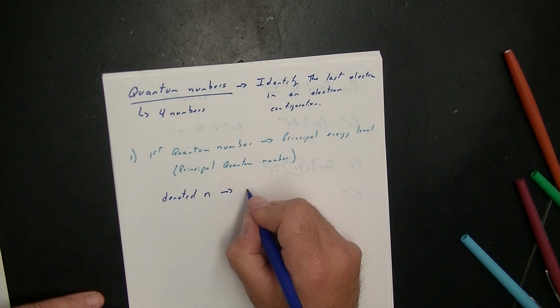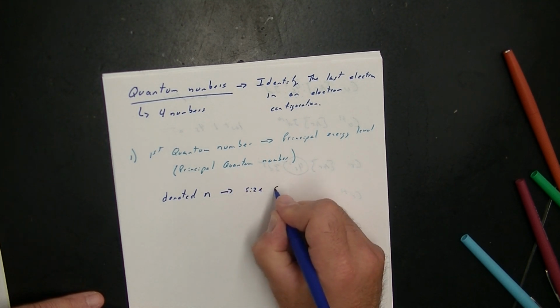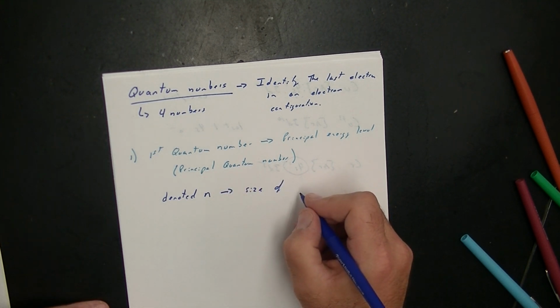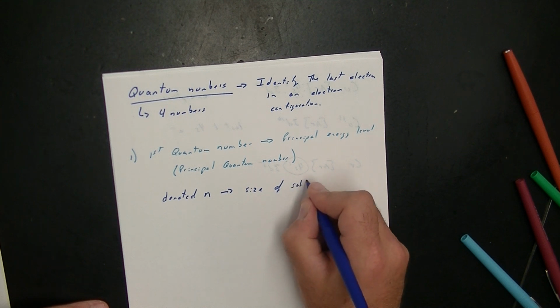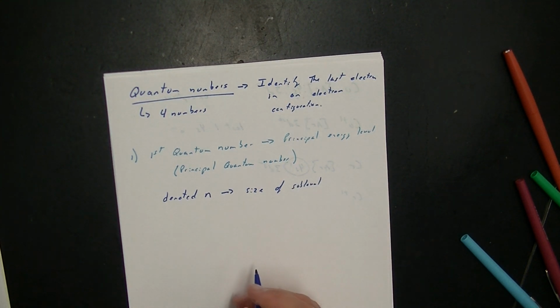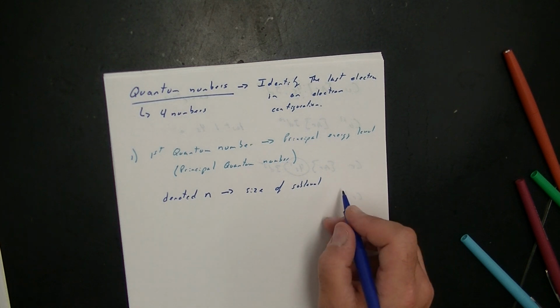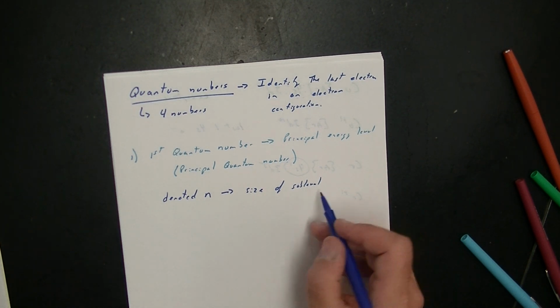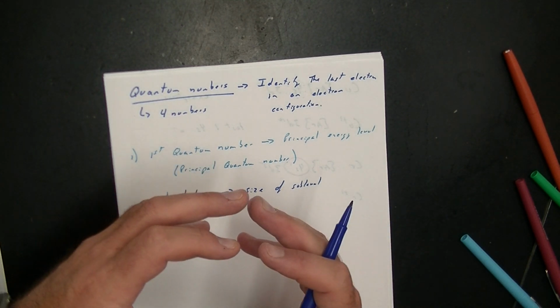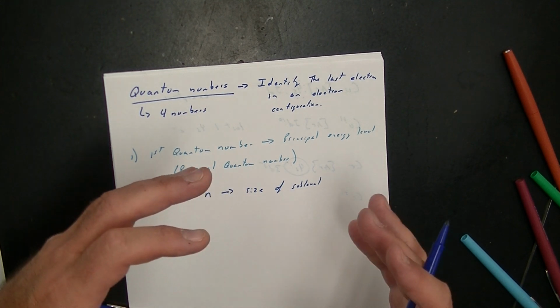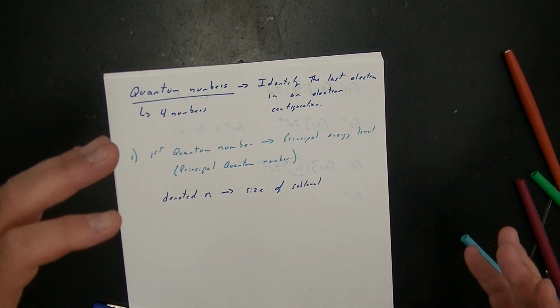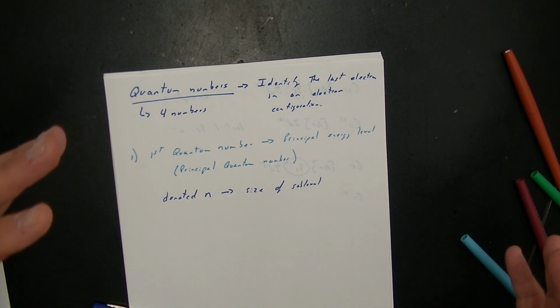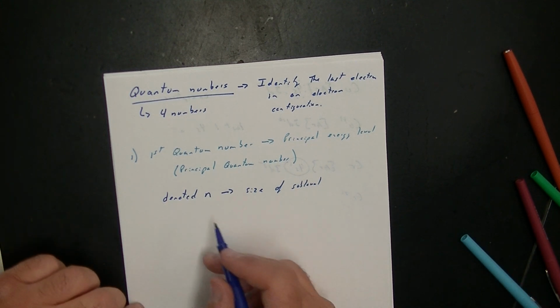It's really giving us the size of the sublevels. If we're in the first principal energy level, it's small, and as we move out in principal energy levels, they get bigger and bigger.